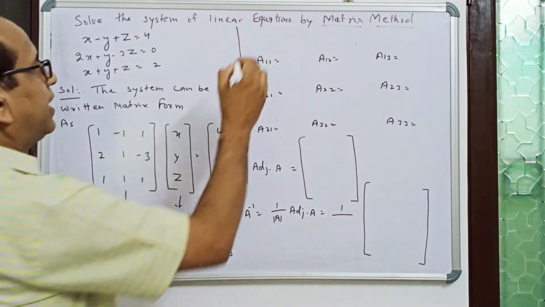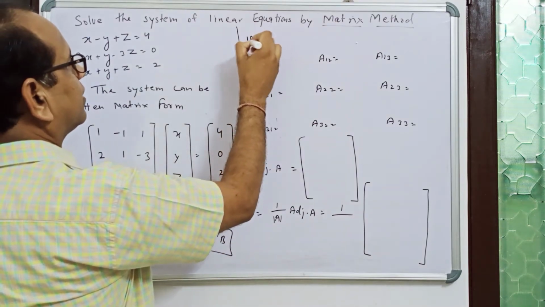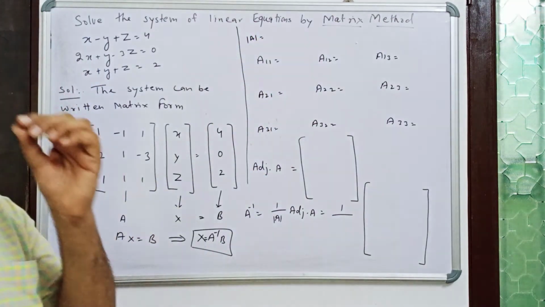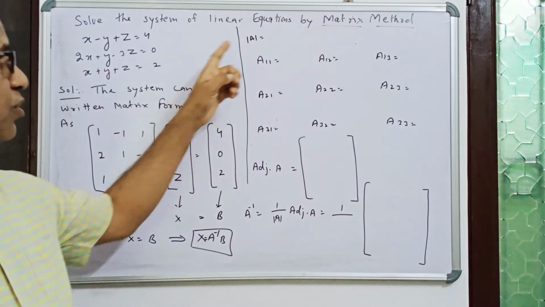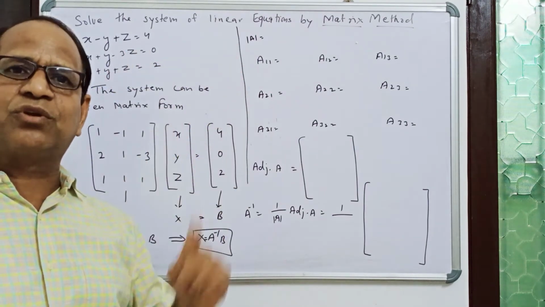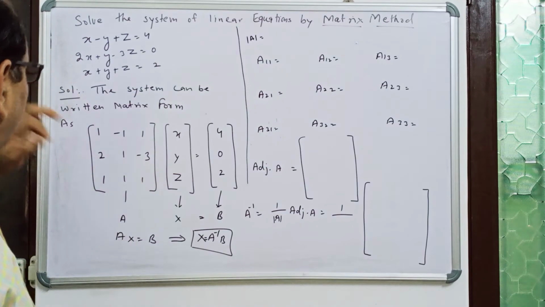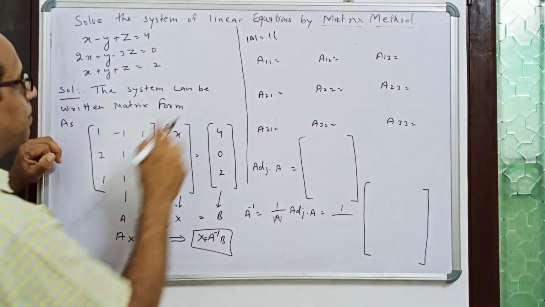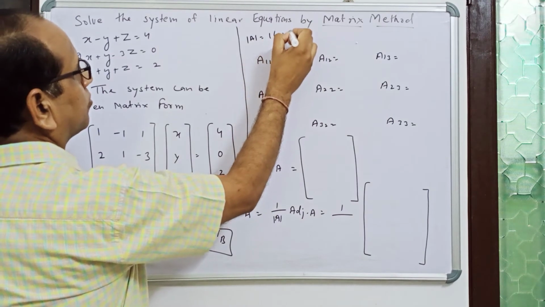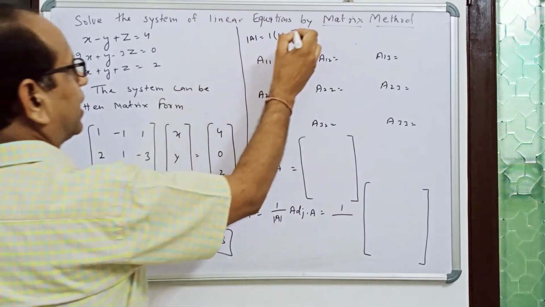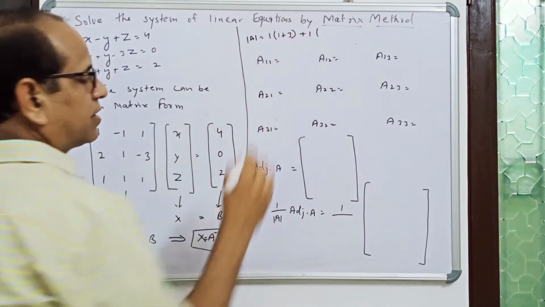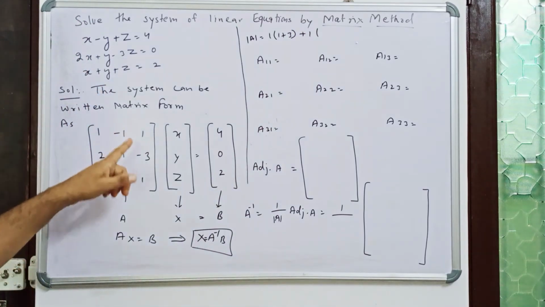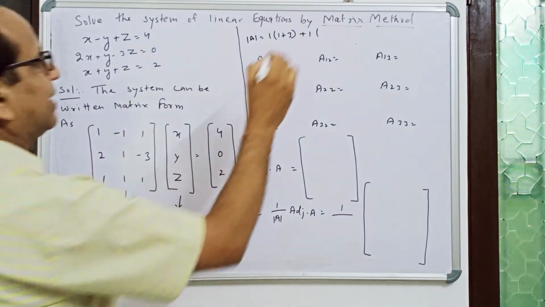But before we find A inverse, we will calculate the A determinant, and A inverse exists only when A determinant is not equal to 0. So now A determinant is 1 into 1 plus 3, that is 4. Then minus 1 and one more formula minus of the formula, so it is plus 1 and it is 2 plus 3.